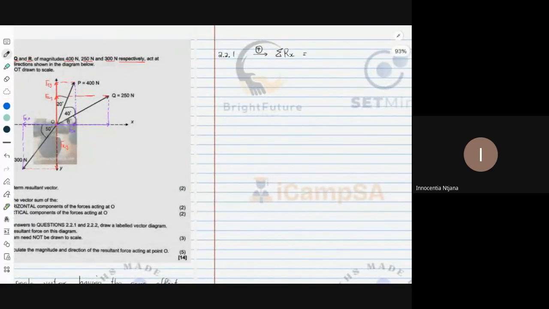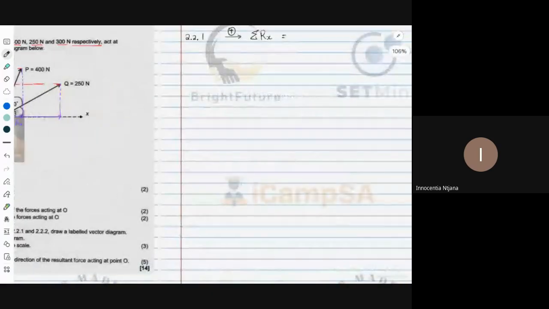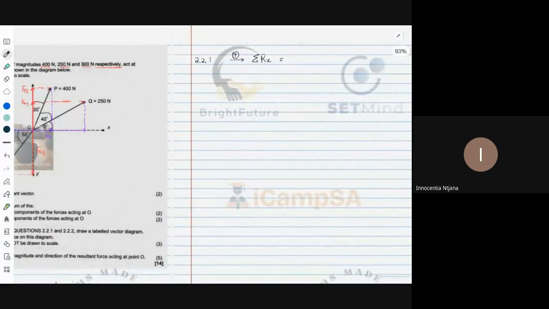Now Rx is all the x components of these different vectors: the x component of P, the x component of Q, and the x component of R. Let's do it fast. So you'll have FPx plus FQx.